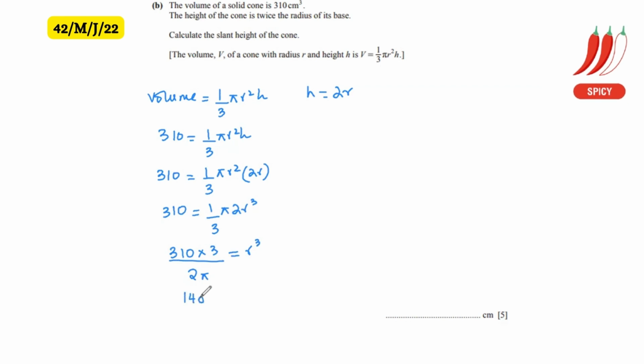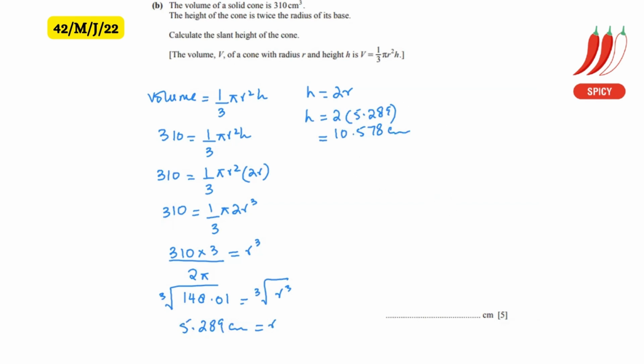That gives 148.01. Take the cube root of that to find the value of r, and that's going to be 5.289 centimeters. Now height is twice of that, so 2 times 5.289. That's going to give us 10.578 centimeters.